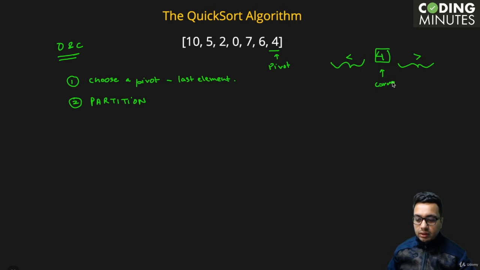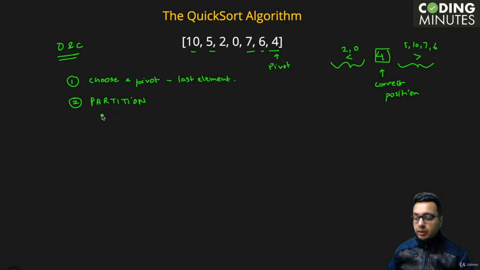In this array, the elements less than 4 are 2 and 0, and all other elements, 5, 10, 7 and 6, are greater than 4. So we will put all of them in another part.